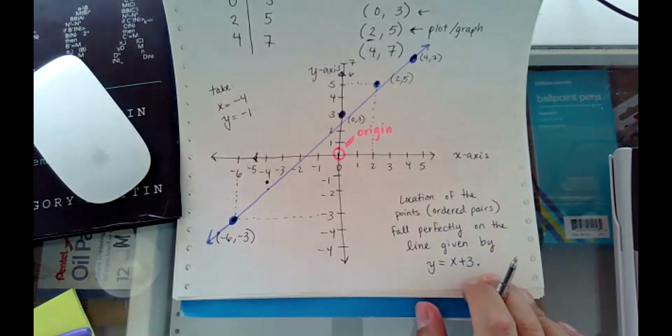And that's why we've been calling them linear equations, because the picture of every linear equation, regardless of what the numbers are, is going to be a straight line of some sort.